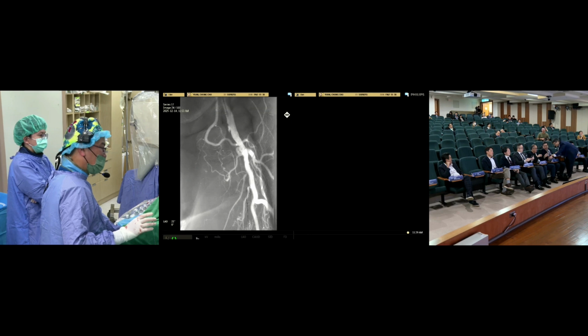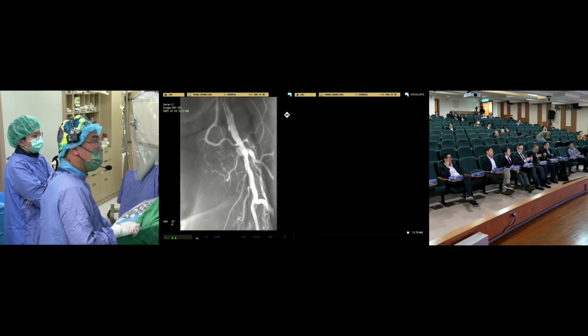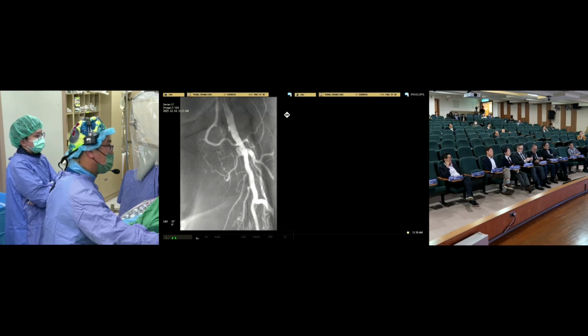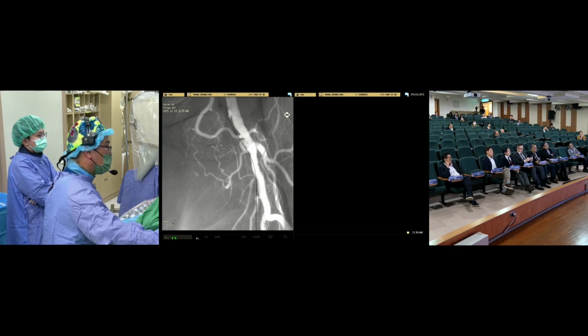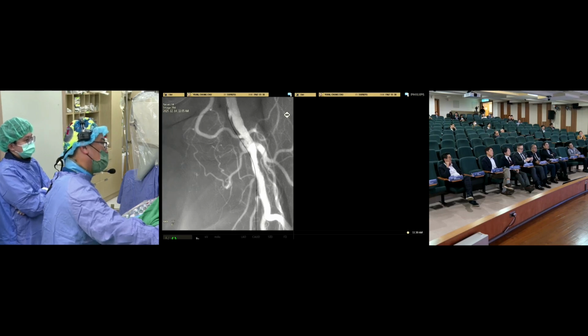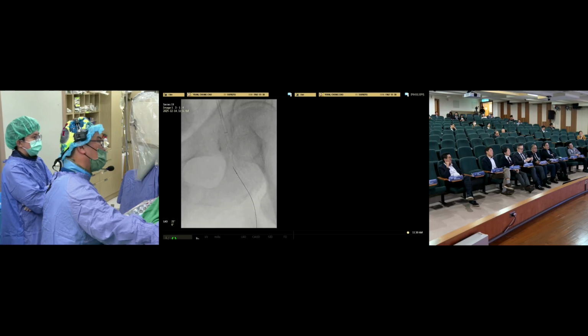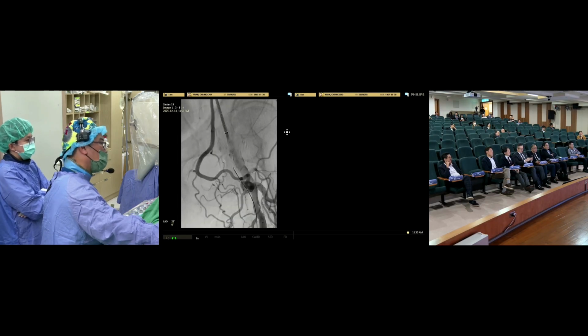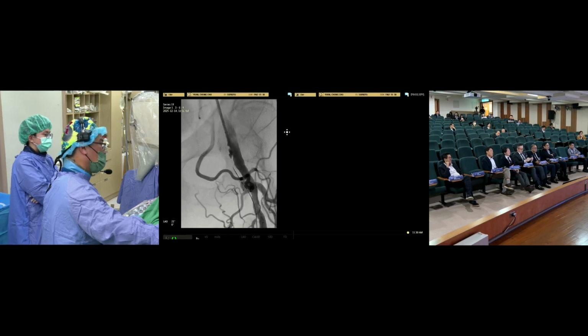However, there was some resistance, and when the resistance occurred, my wire passed. So I tried changing to Traeger 12, but it still didn't work, and it went outside the common femoral artery, and then we tried again from the ostium with the antegrade approach.